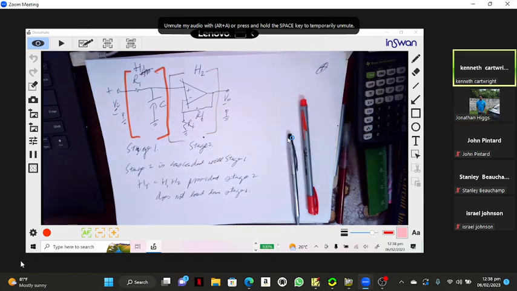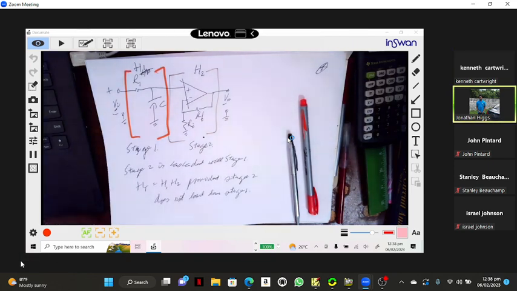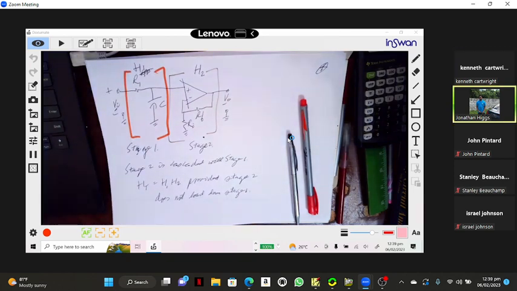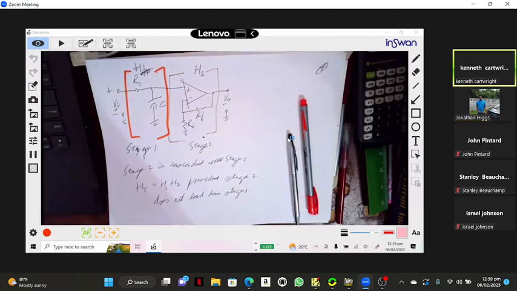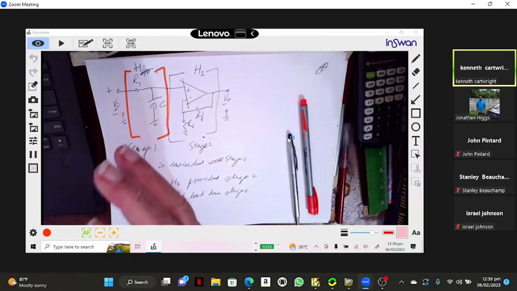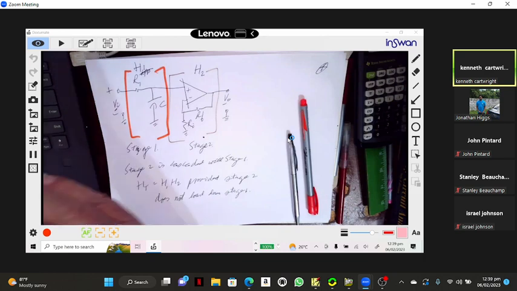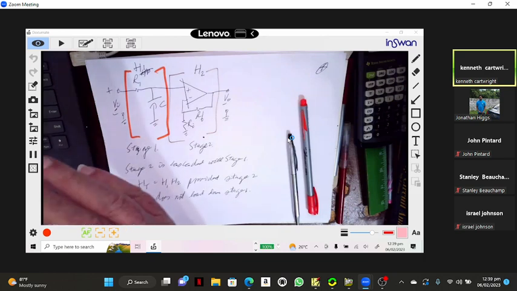Yeah, it's with Dr. Turner. Block diagrams of what? Of transfer functions. So you're doing block diagrams, then you're doing how you manipulate those block diagrams, in other words, how you manipulate the transfer functions.